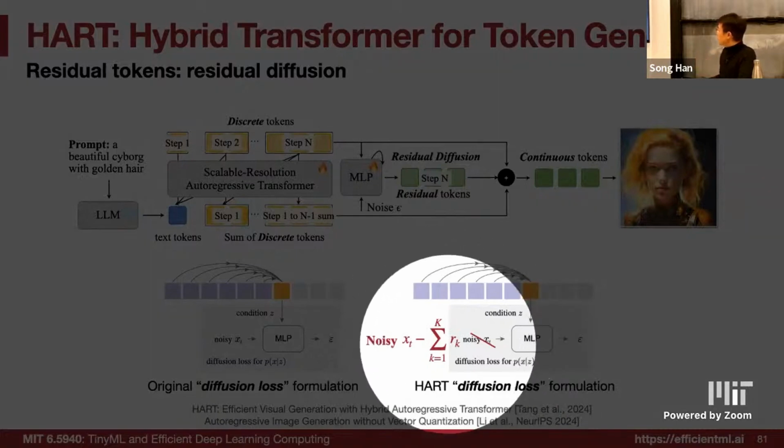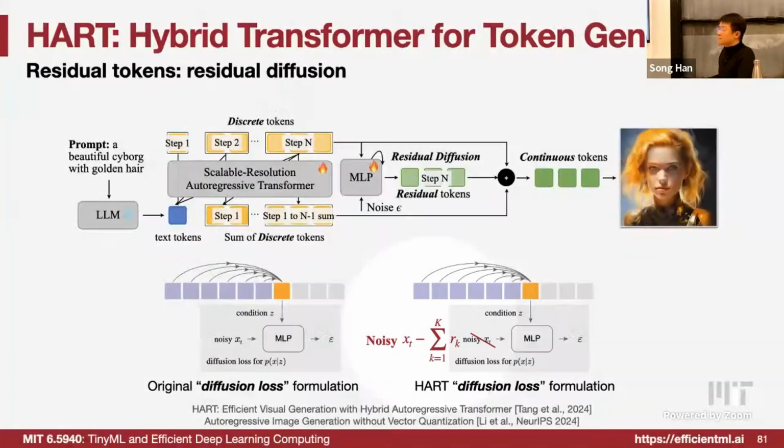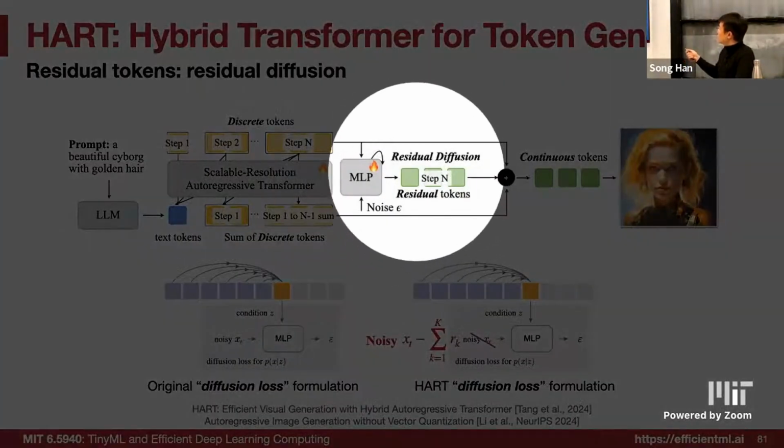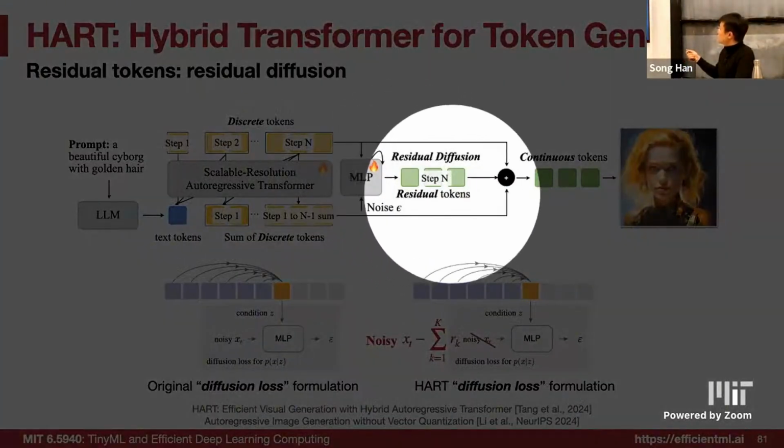We add them together. The task of the small diffusion model is to model the difference between the sum of the discrete tokens versus the final output. And this becomes quite easy. Only 30 or 40 million parameters is enough for the residual diffusion to learn these residual tokens.